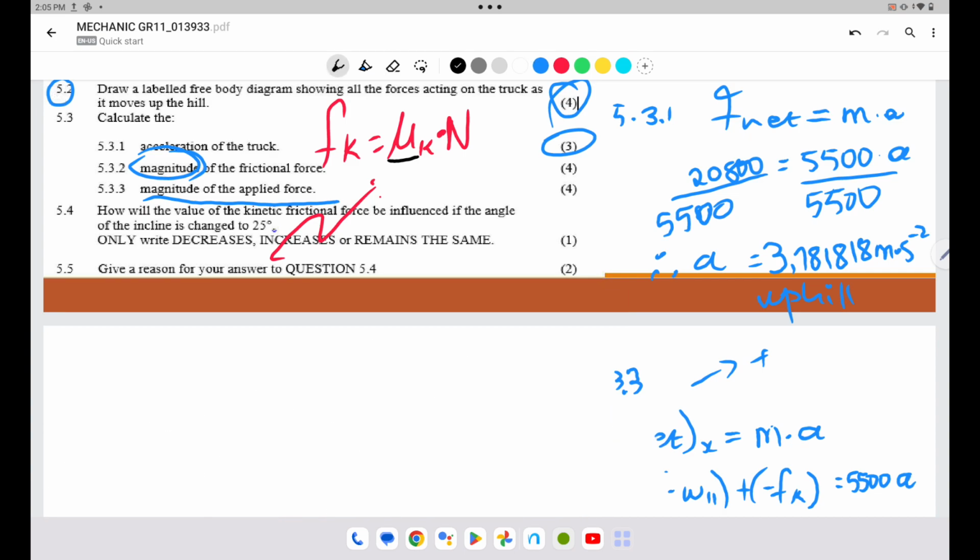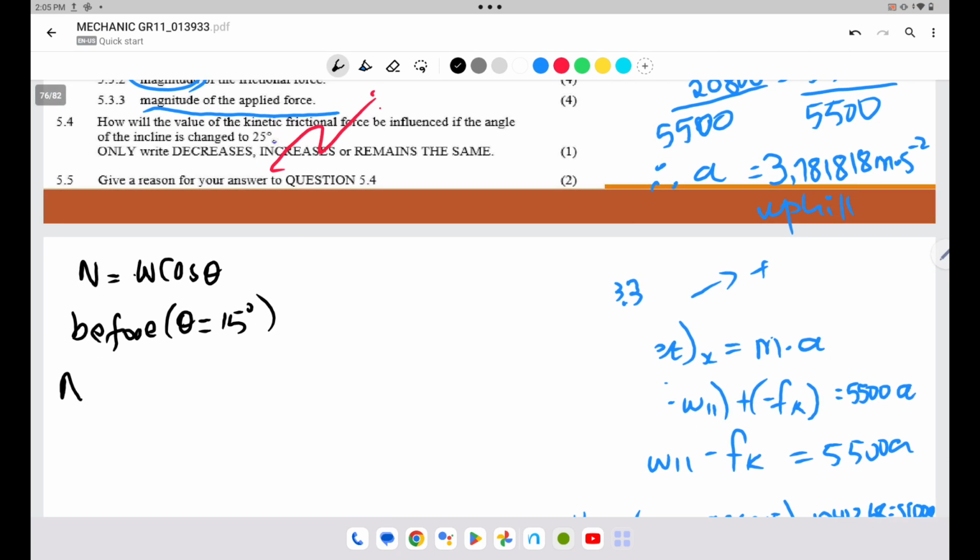So remember, we said for this question to calculate the normal is W cosine of theta. Before the angle was changed, theta was 15 degrees. The normal was initially 5,500 multiplied by 9,8 cosine of 15.